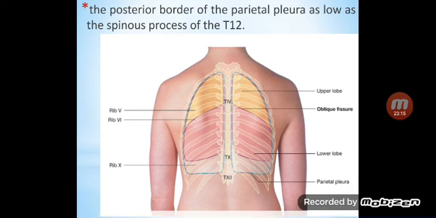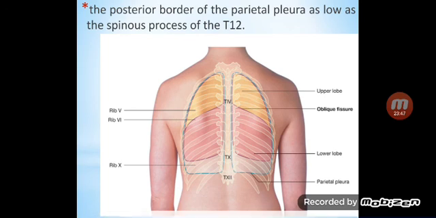I said 8, 10, 12 for the parietal pleura; here, to memorize it, 6, 8, 10, at the same lines. So it crosses the 6th rib at the midclavicular line, the 8th rib at the mid-axillary line, and the 10th rib just adjacent to the vertebral column. So it is 2 ribs higher than the parietal pleura.